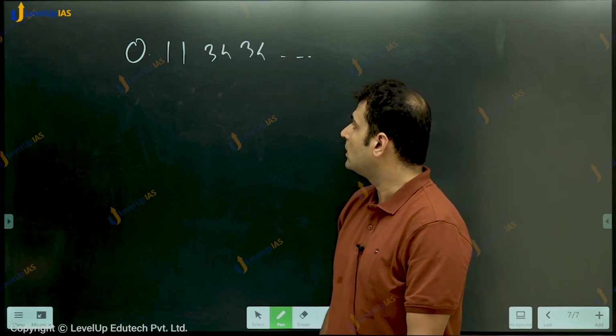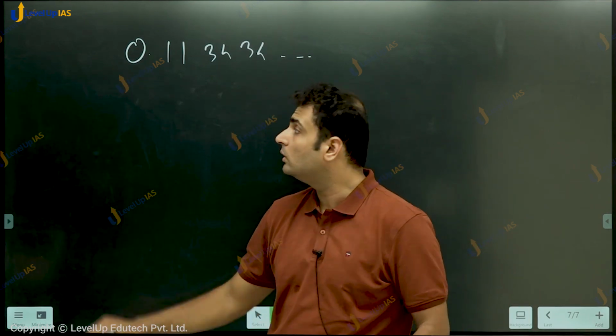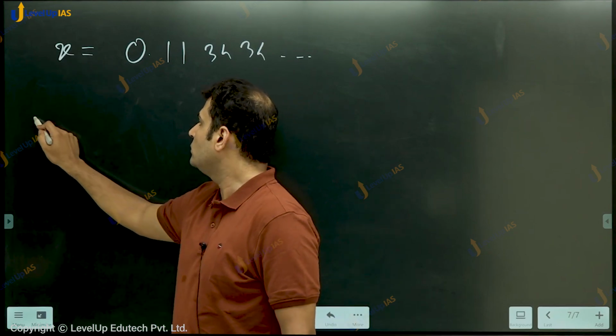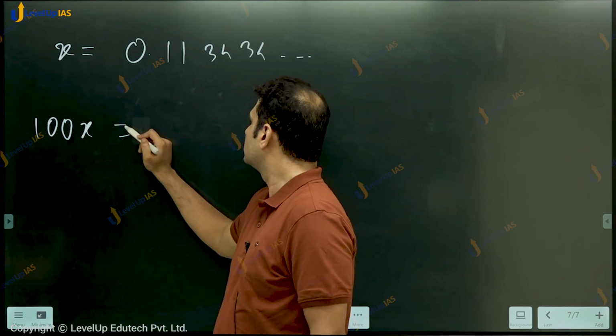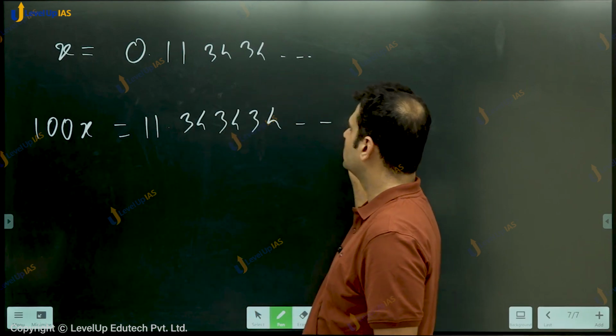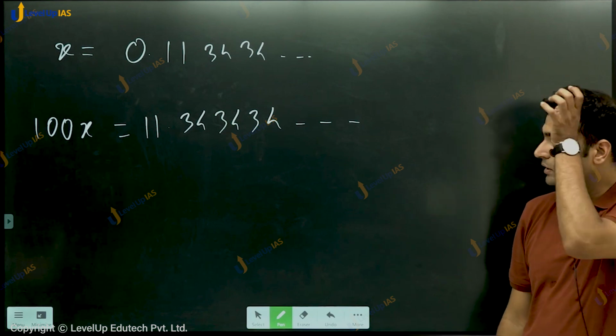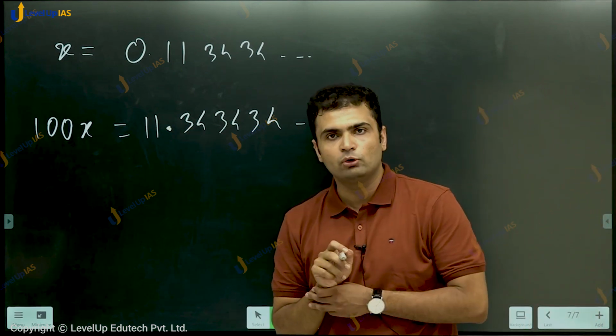So what do I do? I don't know how to work with this, but what I know is how to work with this. When the recurring starts immediately after the decimal, I know how to work with this.